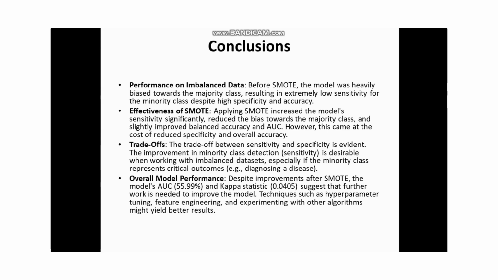For the effectiveness of SMOTE, applying SMOTE increased the model's sensitivity significantly, reduced the bias towards the majority class, and slightly improved balanced accuracy and area under the curve. However, this came at the cost of reduced specificity and overall accuracy.